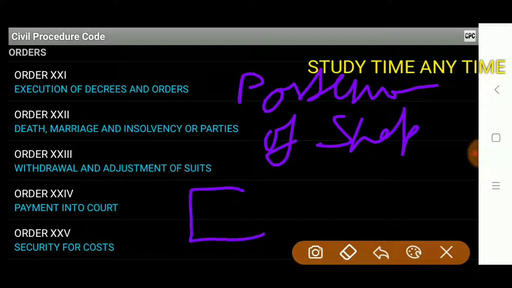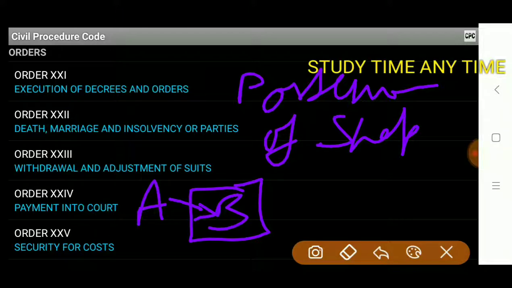There's a shop, you are the owner, B was the illegal occupier of the shop. You filed a suit for possession. A wants the possession of this property and wants B out of it. The court will allow your possession on merits, and then you will execute the decree.